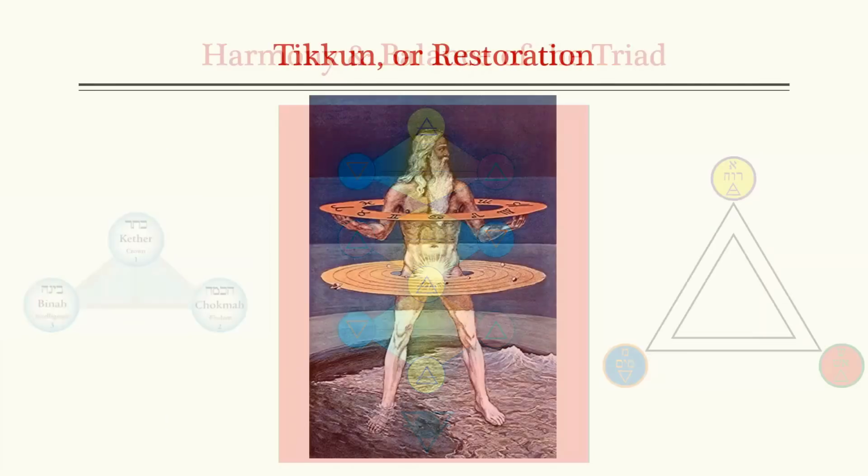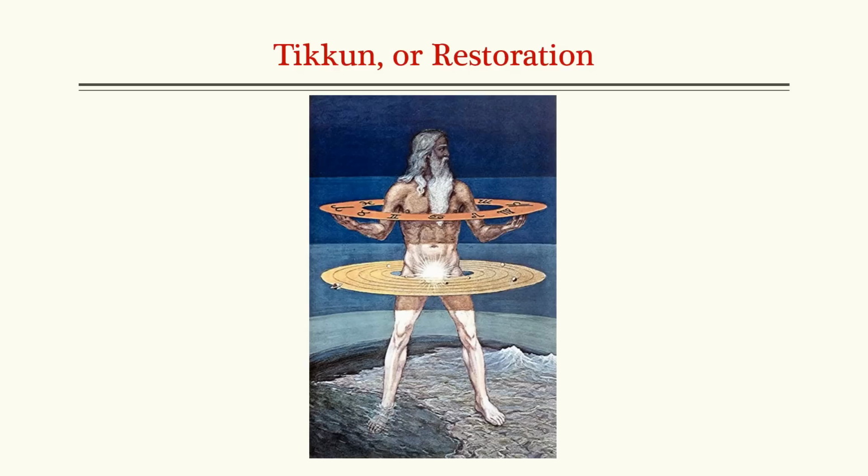So, the harmony and the balance of the triad, the tikkun or restoration. We're going to make this very brief, because we'll have to go into it deeper in another session. So, tikkun. There, Paxson said, this restoration of the world has already occurred. We are in beauty. We are in nature.